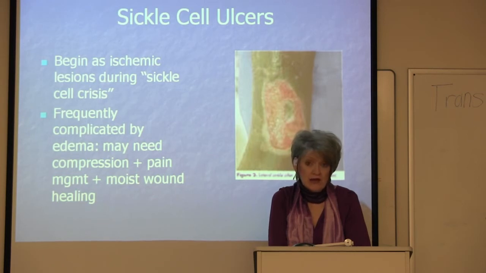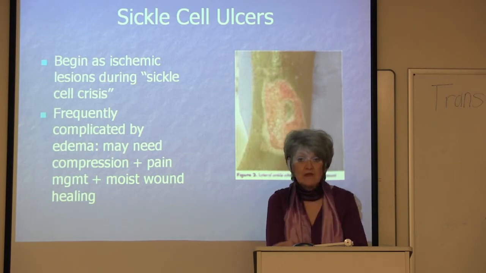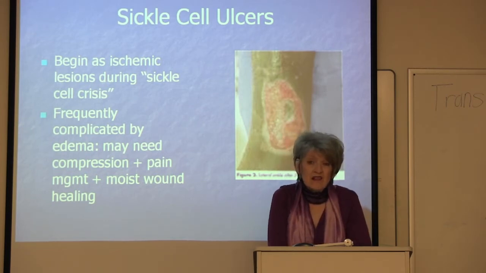There's no acute pain and there are no ulcers. But during crisis, when something triggers a drop in tissue oxygenation, those red blood cells turn into sickle-shaped cells. They clog the vessels and cause an acute ischemic process. That in turn can result in an ulcer.